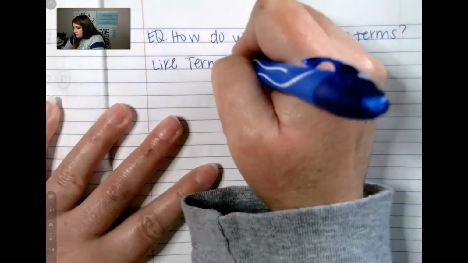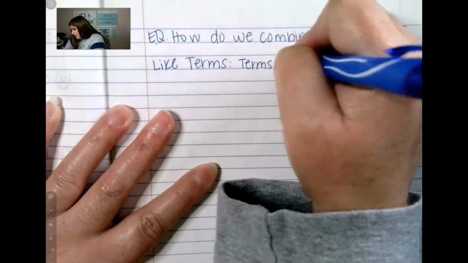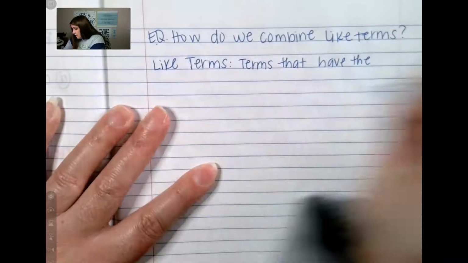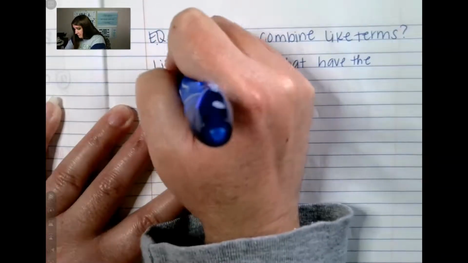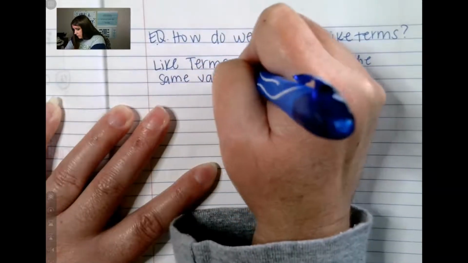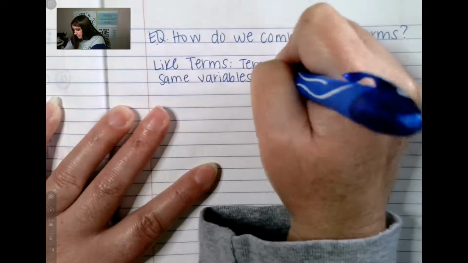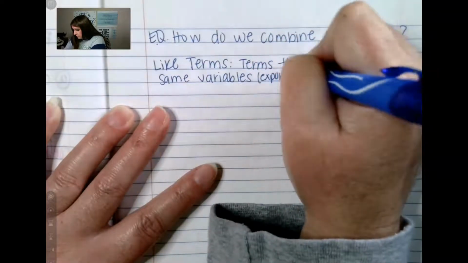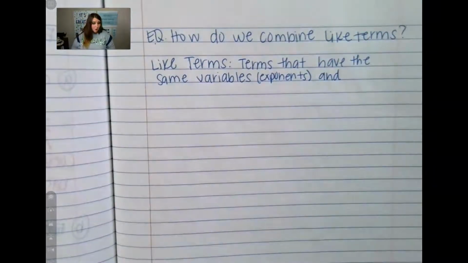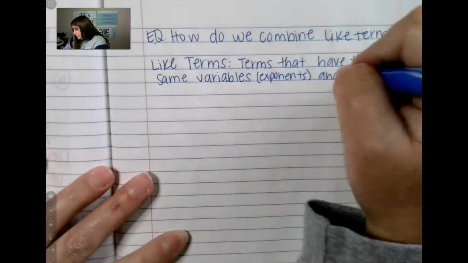So like terms are just terms that have the same variables, and this can also include constants.